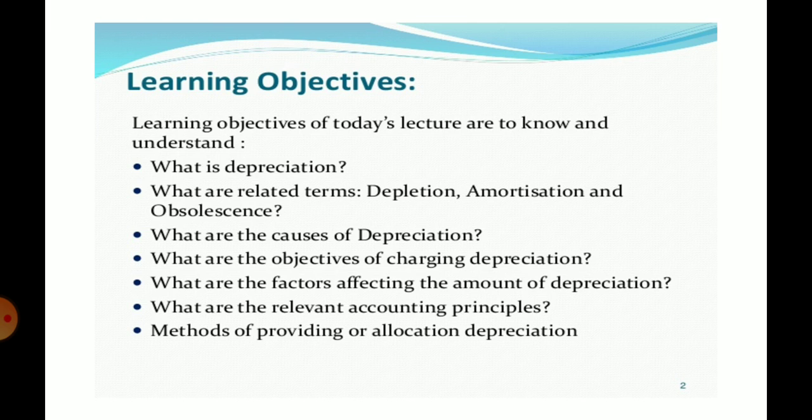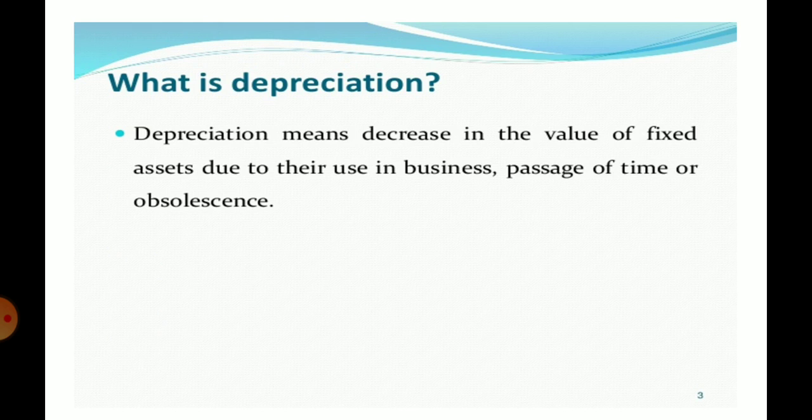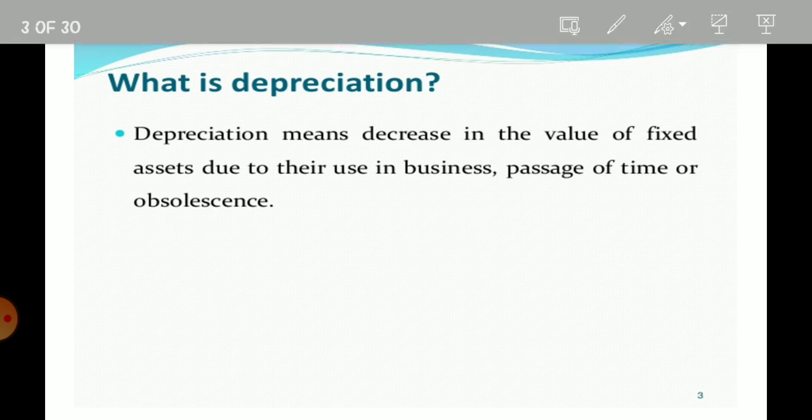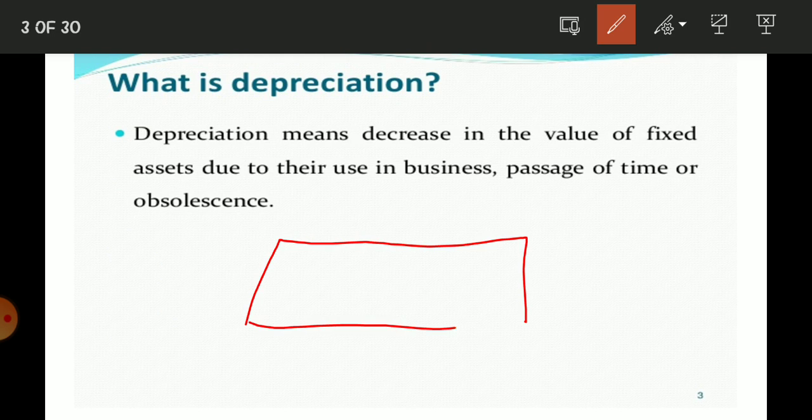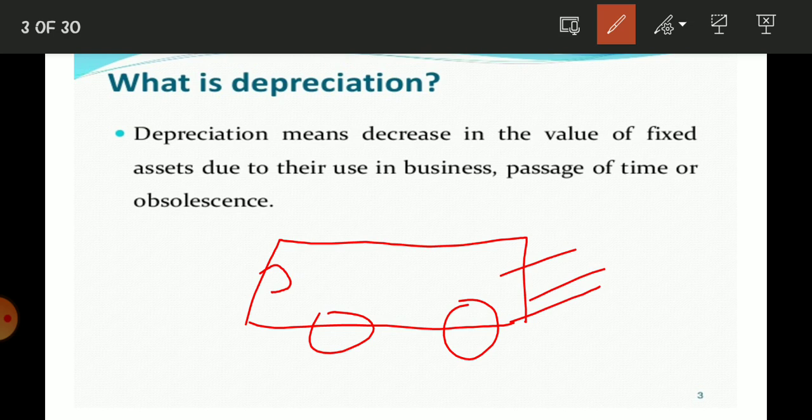So let's start. What is depreciation first? Depreciation means decrease in the value of fixed asset due to their use in the business, passage of time or obsolescence. So suppose you purchase a car and you use this car for some purpose.